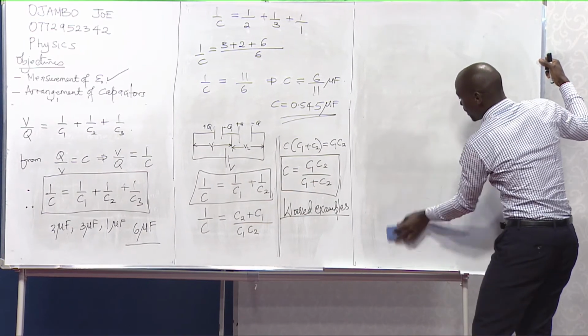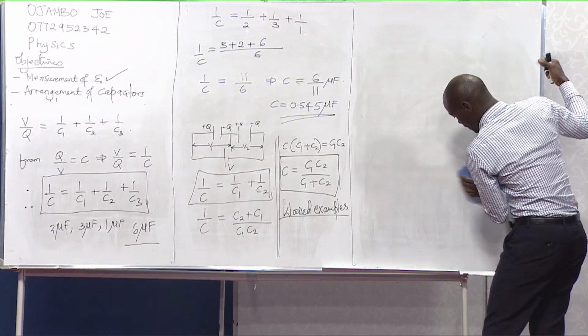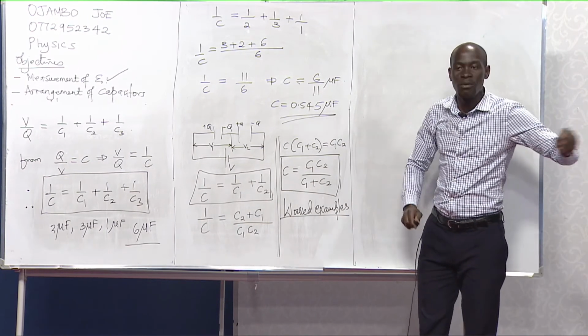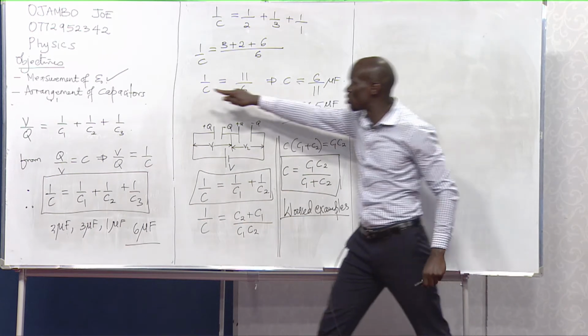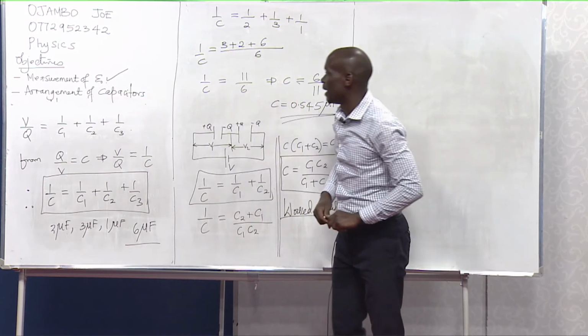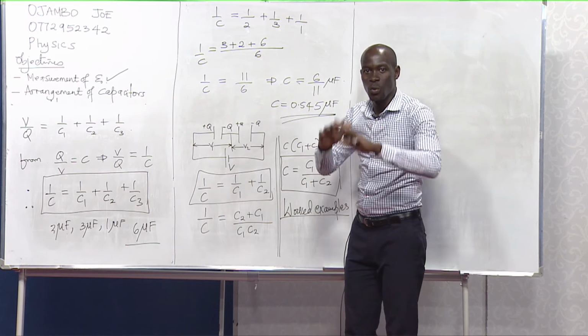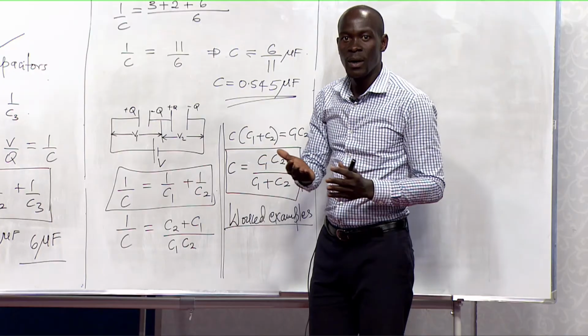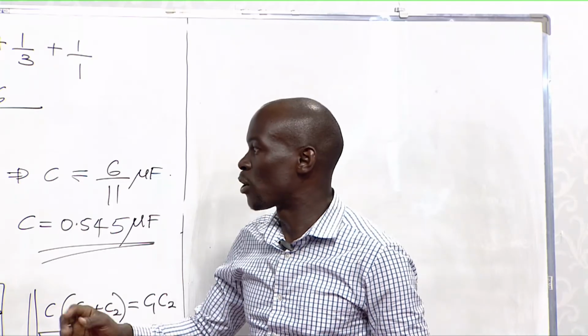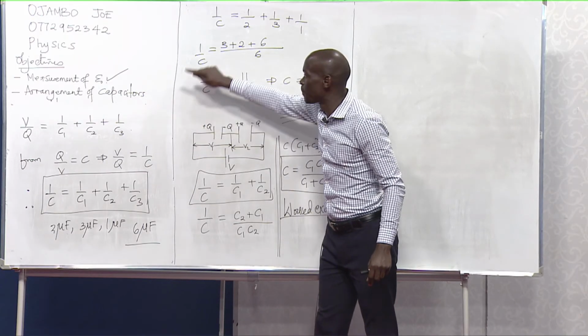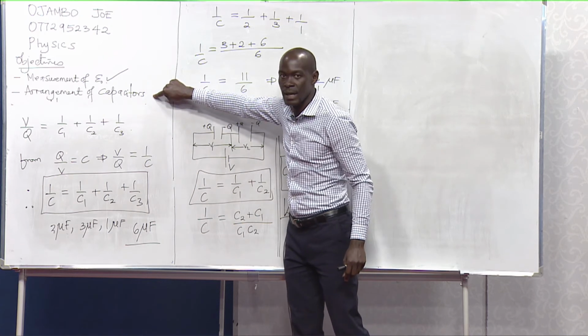But of course, bear in mind that we have been able to achieve some of our lesson objectives. One of them was measurement of epsilon naught. And remember, it was given to us as an exercise. So we were marking ourselves to see whether we had been able to do the work correctly. We also looked at an example there, from which we looked at the arrangement of the capacitors.